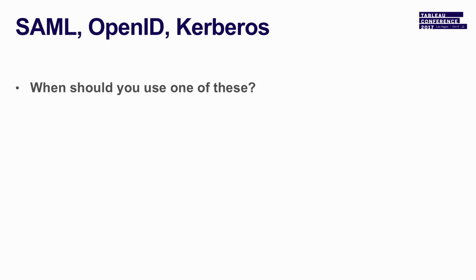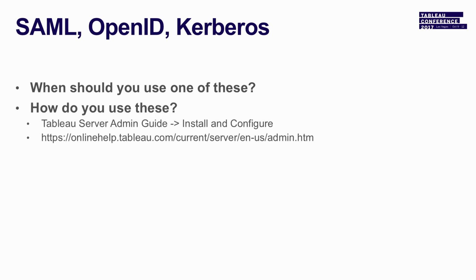If you have not, then there's really no point to use these. So you're building your web application, you decide, have we standardized on SAML or OpenID or Kerberos? If so, then you simply need to configure Tableau server to use those as their authentication mechanism. And that's just done in the configuration dialog that every admin should be used to.